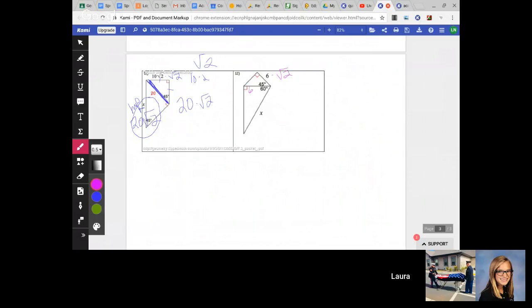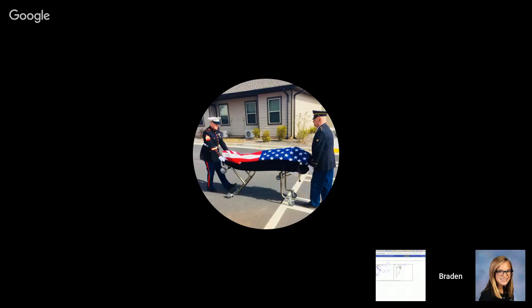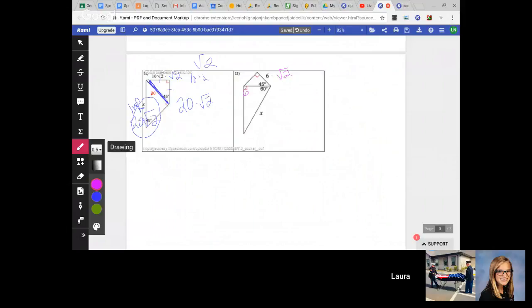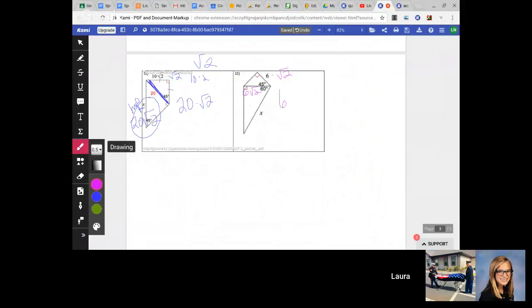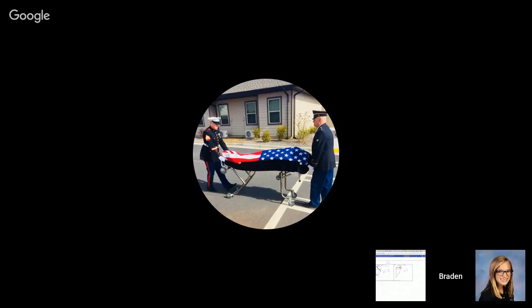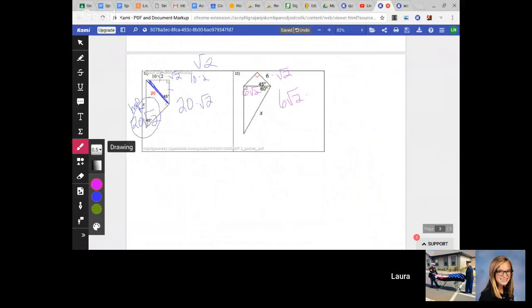So that's here, and that is your short leg of that triangle. So all you have to do is 6 root 2 times root 3.